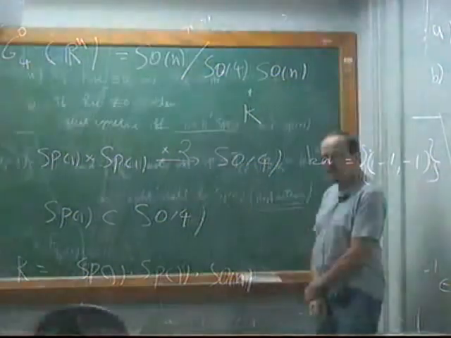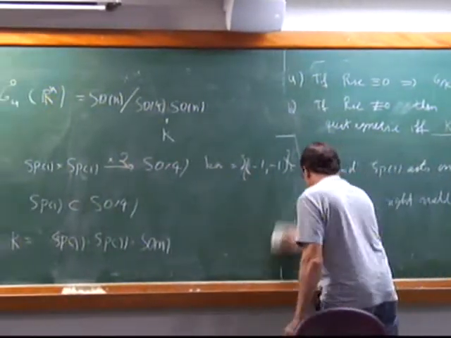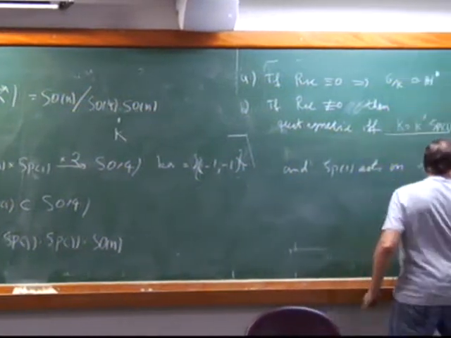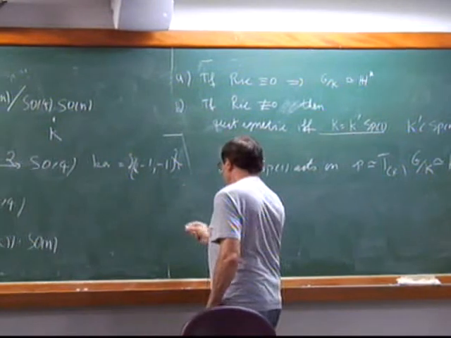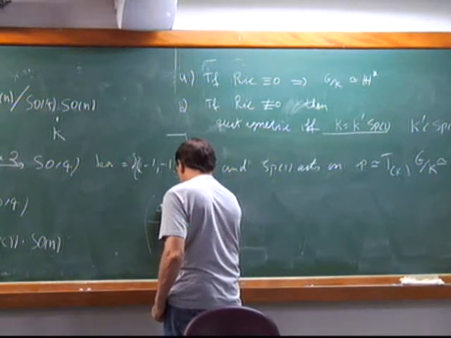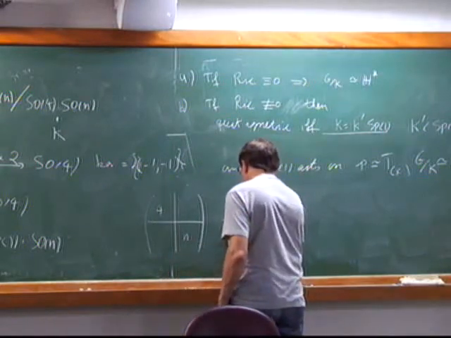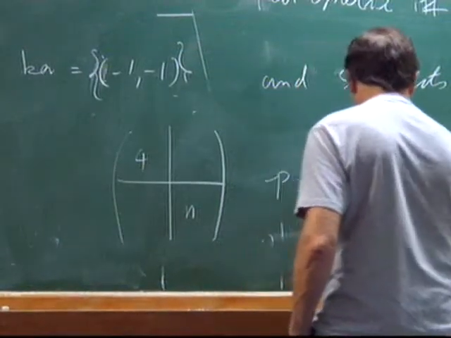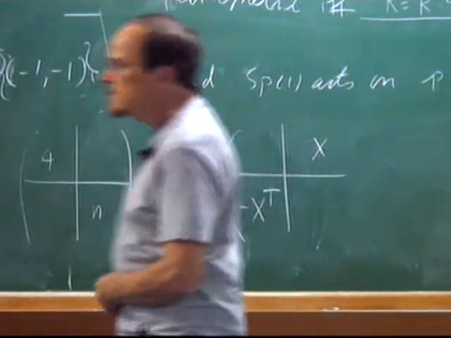Now I want to see how it acts on the tangent space. And there I do a similar computation. So here I have n by n matrices. P was then analogously x minus x bar x transpose.